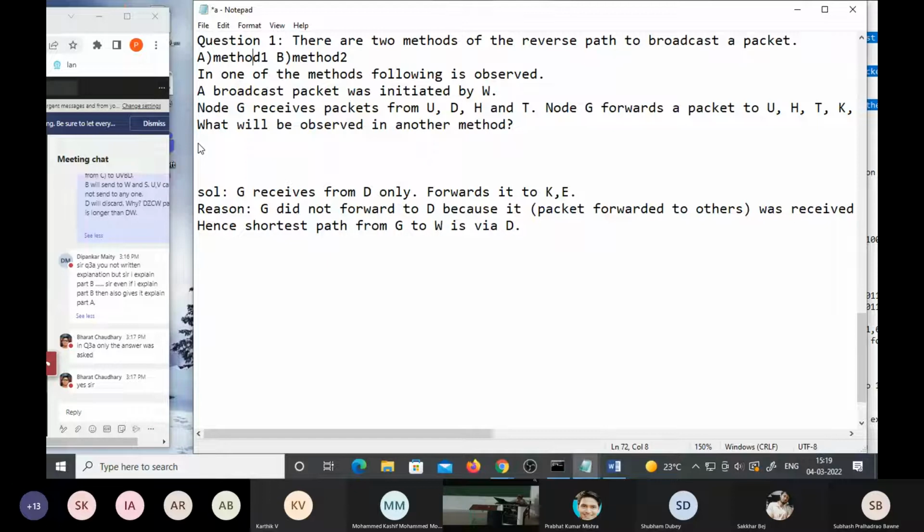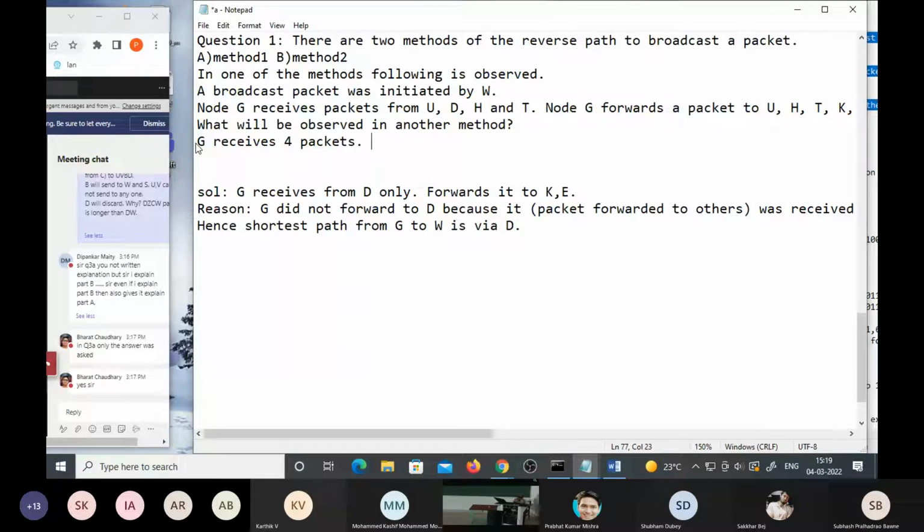Okay. Now, here G receives packet from U, D, H, T. G receives 4 packets. Which of these 4 packets is discarded?